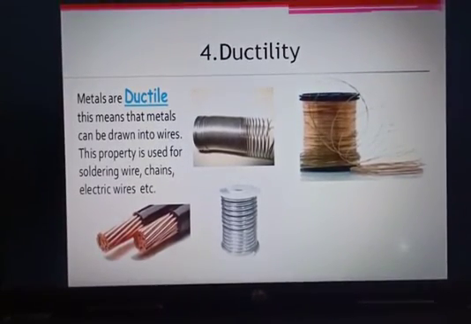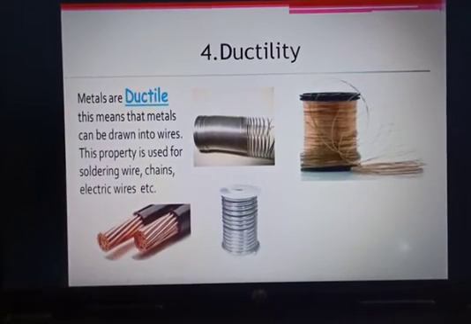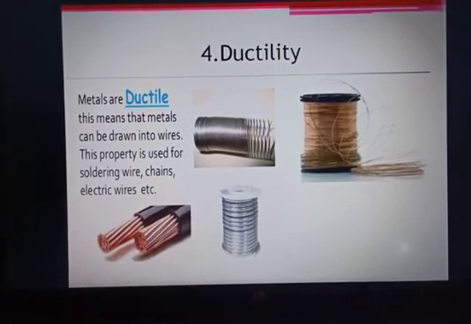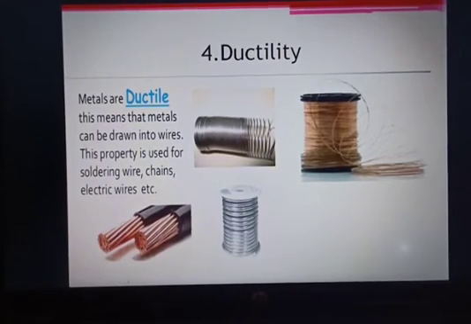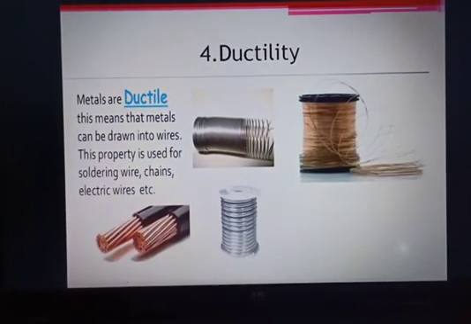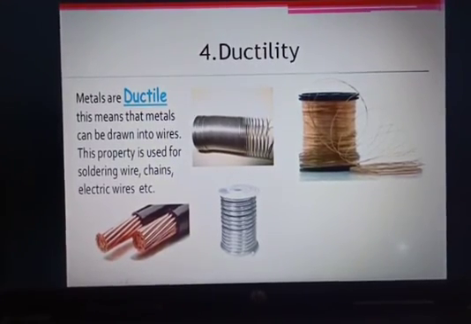So what is ductility? The ability of metals to be drawn into wires is called ductility. There is an amazing fact which I want you to know: a single gram of gold can be drawn into a 2 kilometer long wire, and this is just because of this nature of metal, that is ductility.